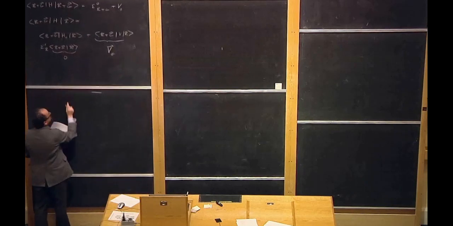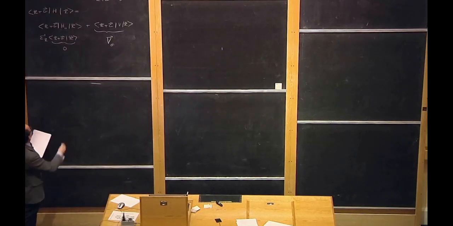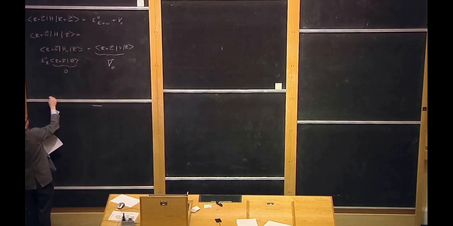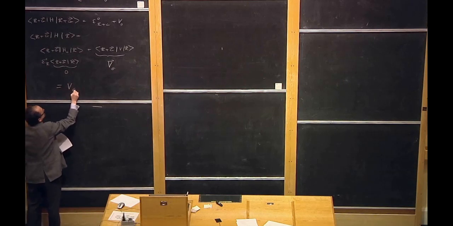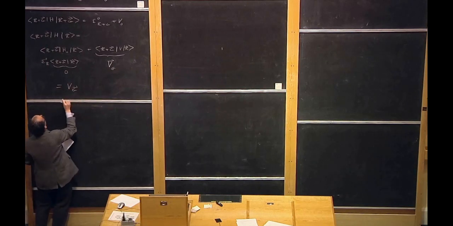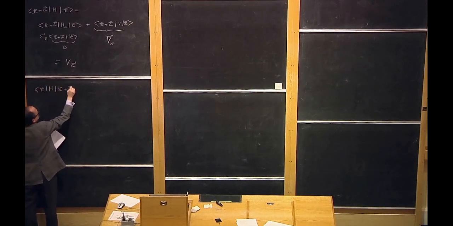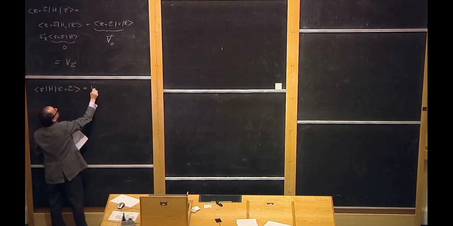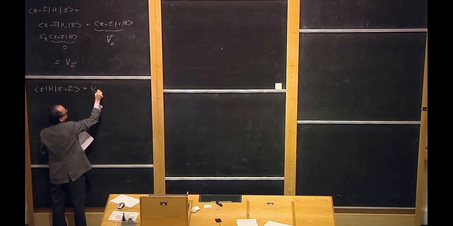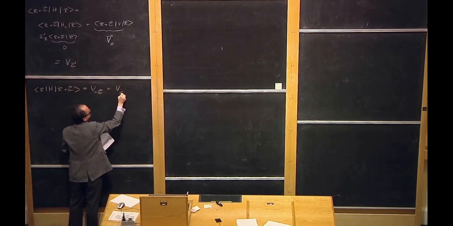So overall this is going to be V sub G. And we can do the other last matrix element, ⟨k|H|k+G⟩, which, using the same argument, is V sub minus G, or V sub G star.